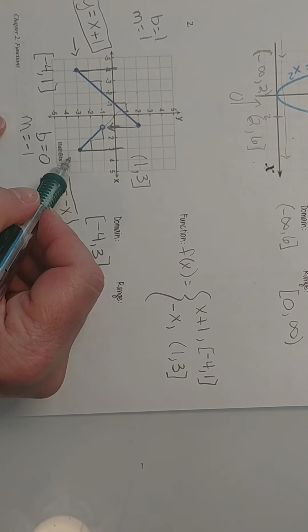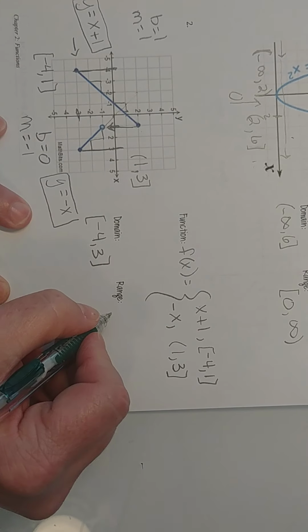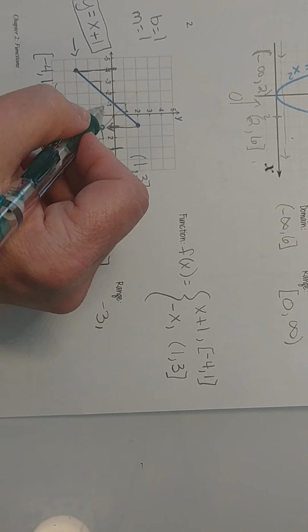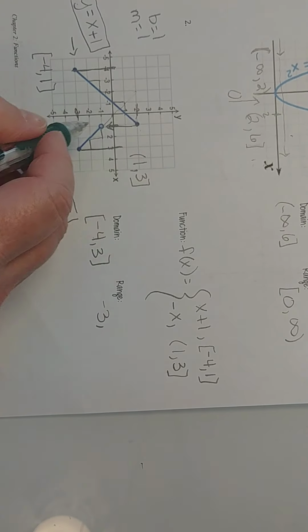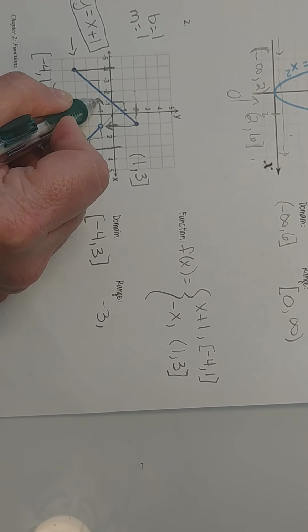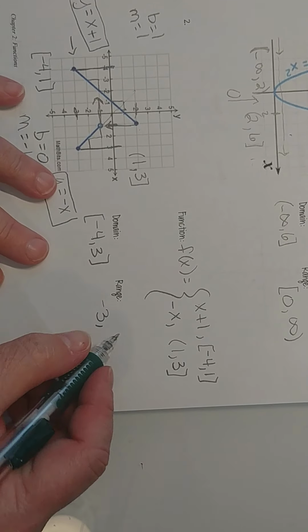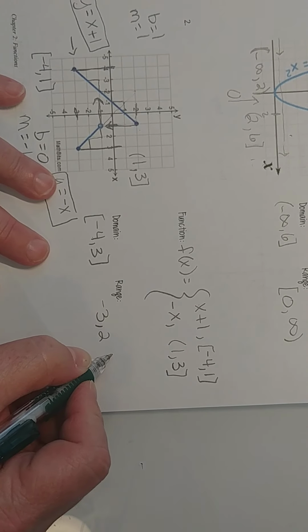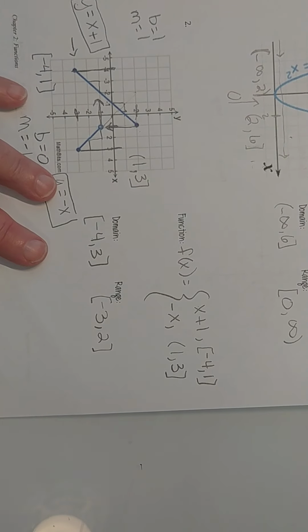And our range, at the bottom we start at negative 3, and it goes up to positive 2. I have an open circle here, but it's covered by this piece of the graph. So it's continuous from negative 3 to positive 2, and is equal to it at both ends.